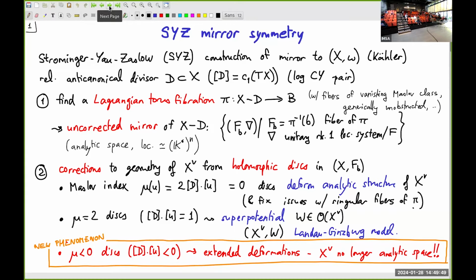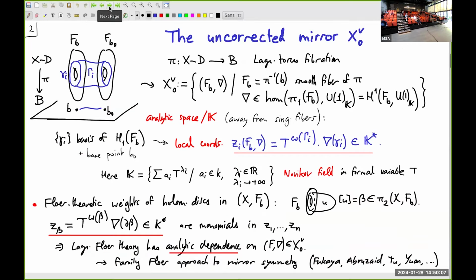And Maslov 2 disks also, if we count them, equip the mirror with a function called the superpotential, which is an analytic function locally. And the wall crossing jumps in that superpotential get cured by the wall crossing transformations. So we went through all that.